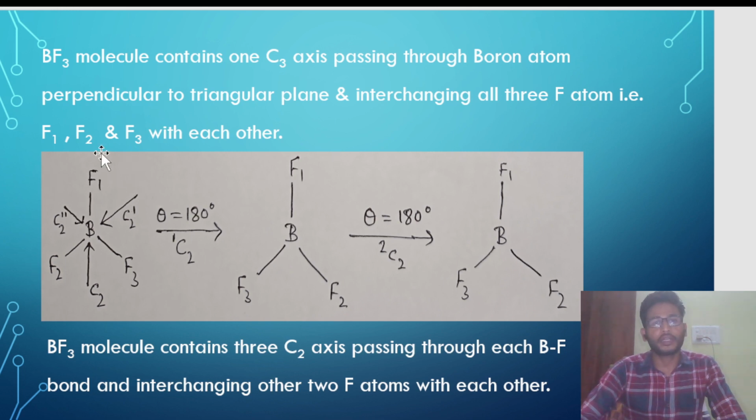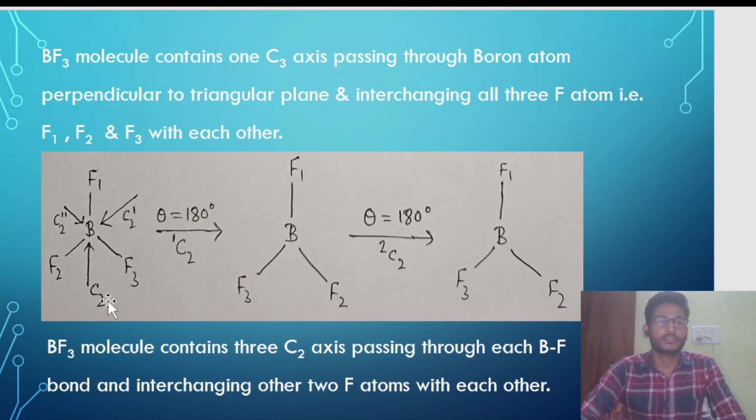BF3 also contains three C2 axes passing through each BF bond. First is C2, second is C2 dash, third is C2 double dash. These axes interchange the other fluorine atoms with each other.